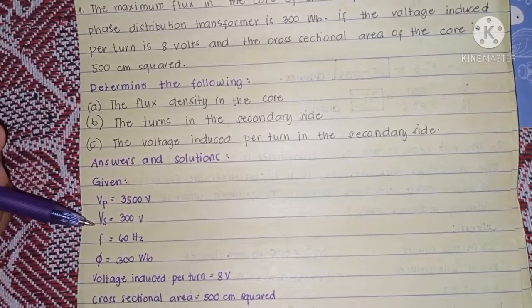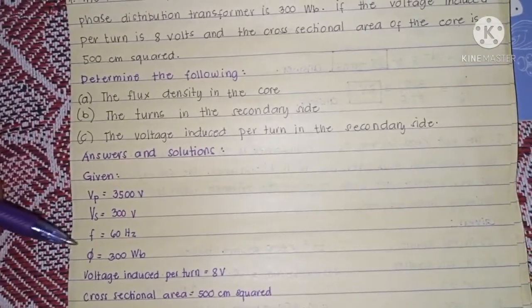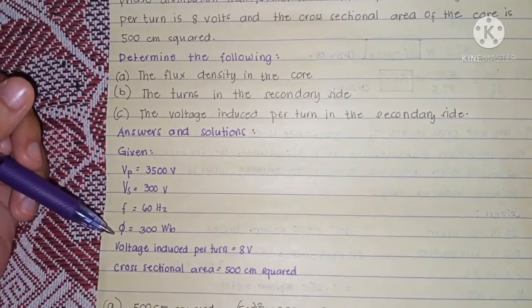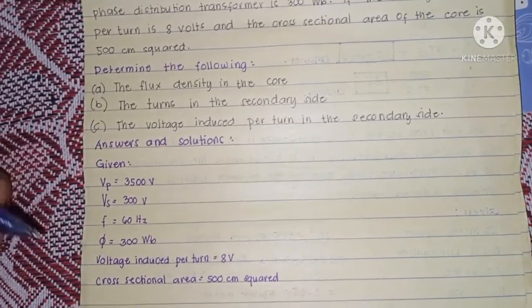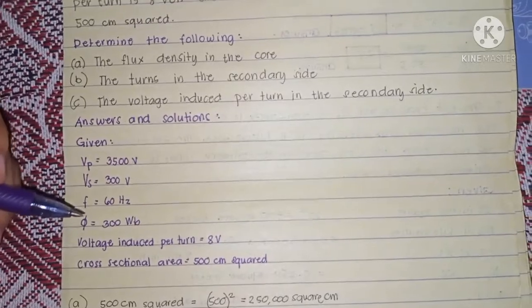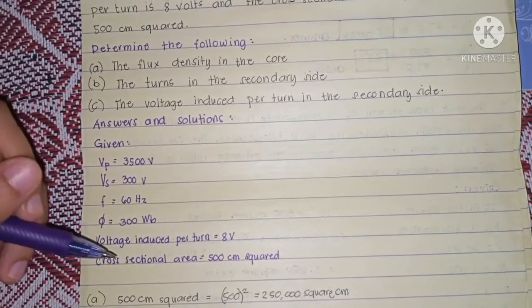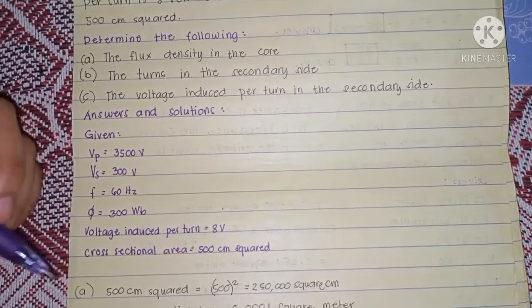The secondary voltage is 300 volts. The frequency given is 60 Hertz. The maximum flux in the core is 300 Weber. The voltage induced per turn is 8 volts. And lastly, the cross-sectional area is equal to 500 centimeters squared.